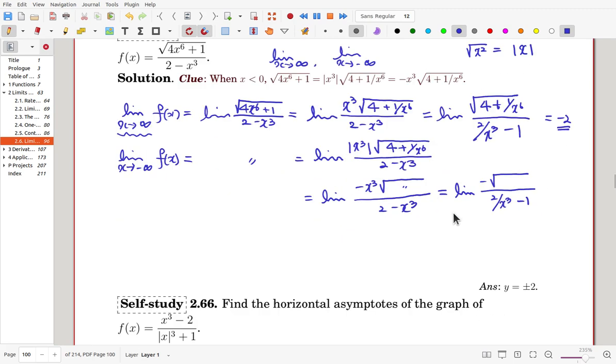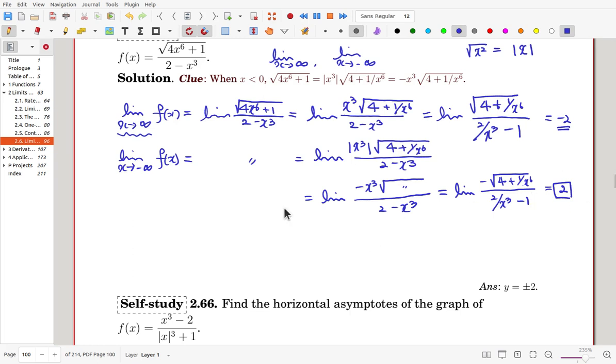As x approaches minus infinity, the inside, that is 4 plus 1 over x to the 6, this term and that term will go to 0. So here minus the square root of 4, which is minus 2, divided by minus 1, so that must be 2.